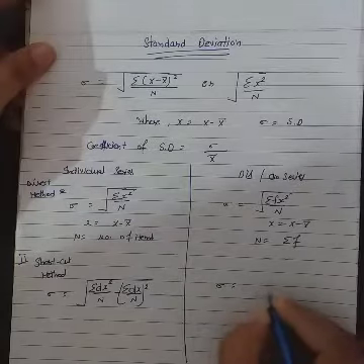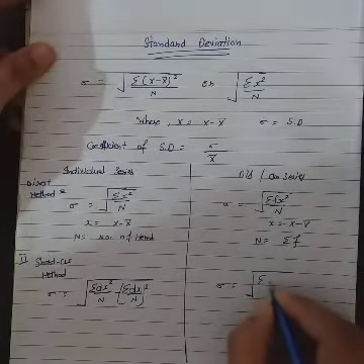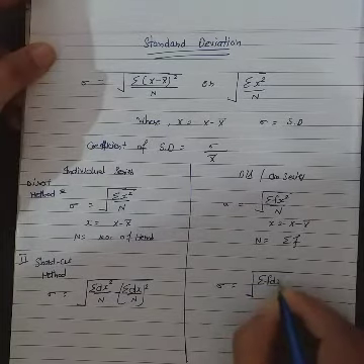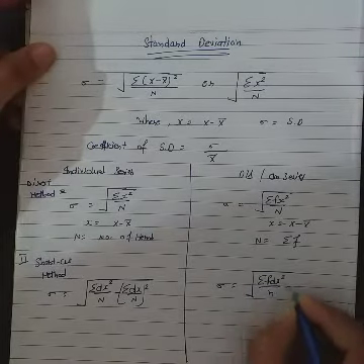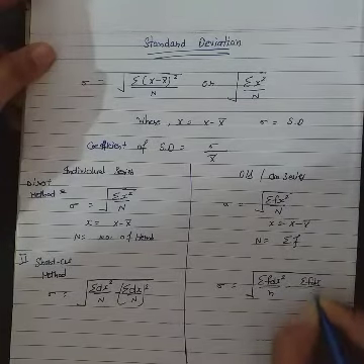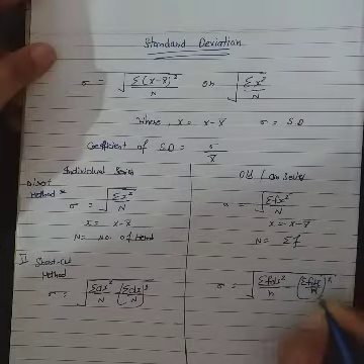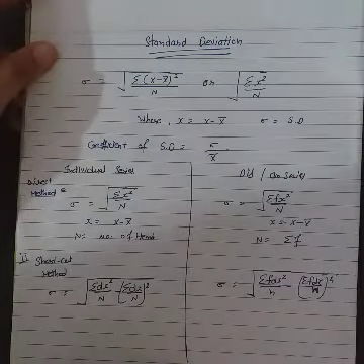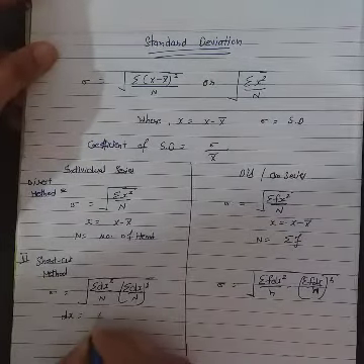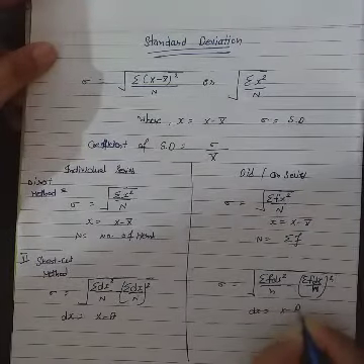For a discrete series, standard deviation is equal to under root summation f dx square over n minus (summation f dx over n) the whole square, where dx is equal to x minus assumed mean.